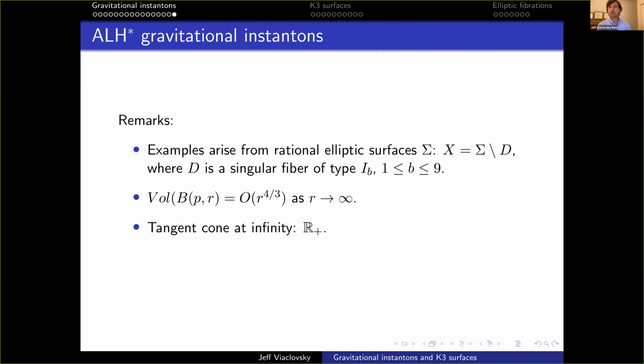The tangent cone at infinity is R plus. It's interesting, the curvature decays inverse quadratically, but it's not any better. So these also do not fall under Chen-Chen's classification.